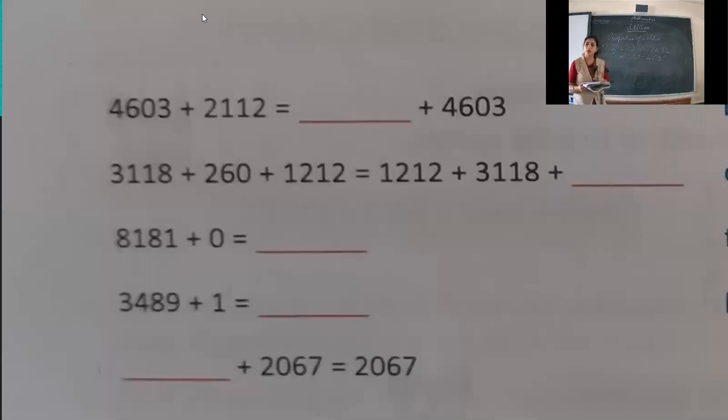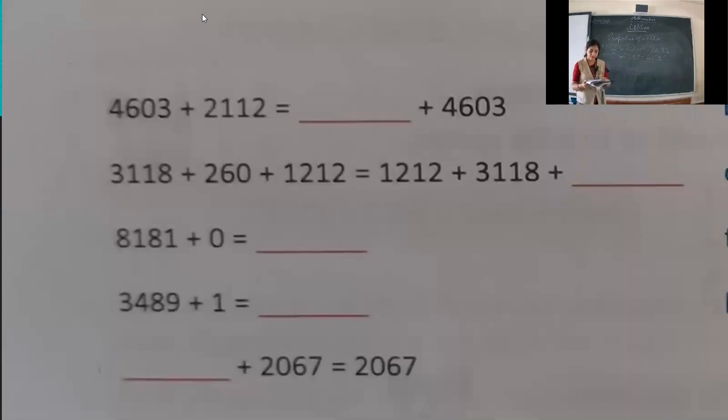4603 plus 2112 equal to dash plus 4603. Now in this dash, you know we did two numbers you can add in any order. Your answer will be same. So here answer will be 2112. I hope this is clear to you.